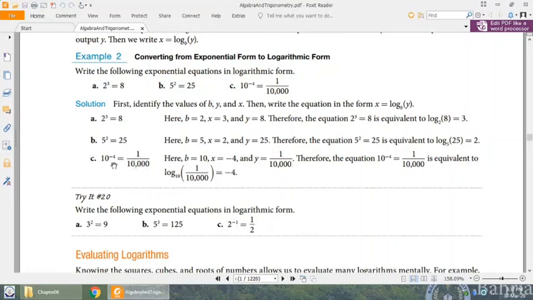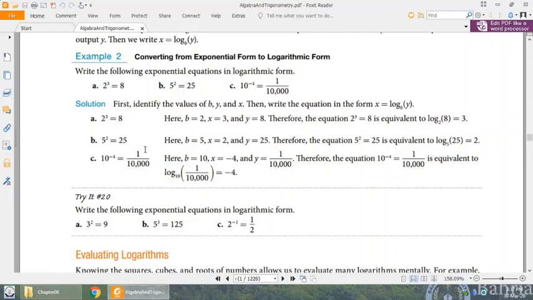And in this way, you can see that you have to, first of all, convert it into the fraction form. And then now you can find that this is the base again, and the power is basically at this time minus 4.